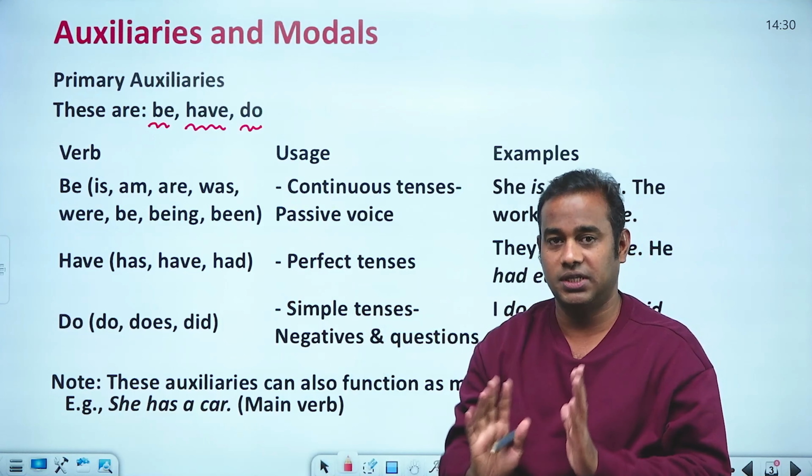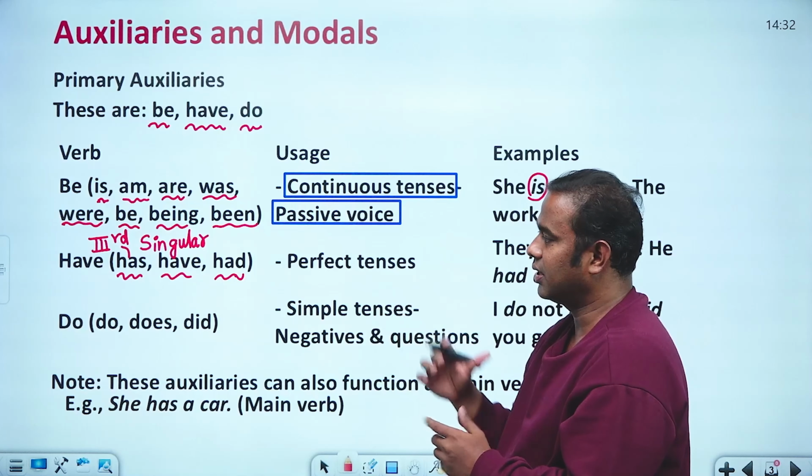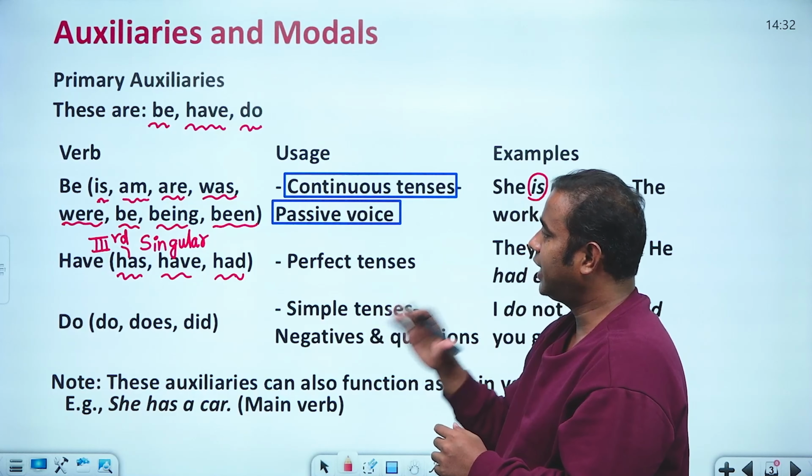For the rest, first person, second person singular, and first, second, and third person plural, we can use have or had accordingly. That's not an important thing right now. Right now, we are interested to know what the available verbs are. For perfect tenses we use this one.